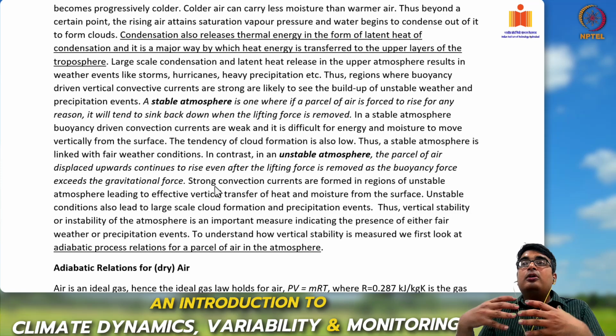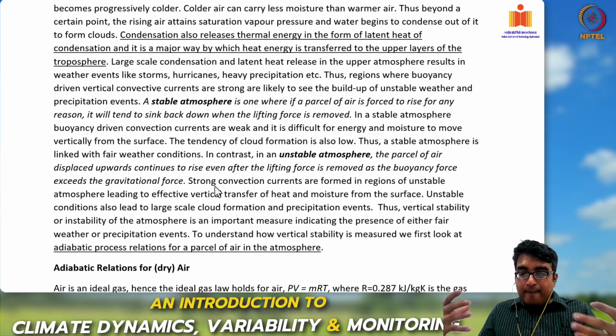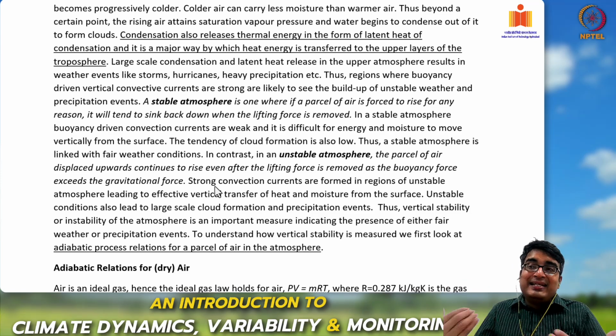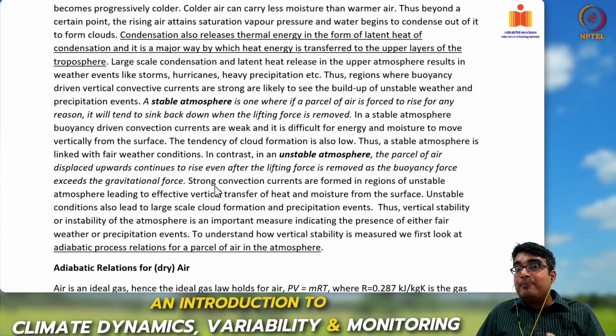So the air gets energized because of this heat release, and this excess energy is converted into the kinetic energy of winds. So that is why large scale convection currents not only create precipitation events but violent storm events as well.